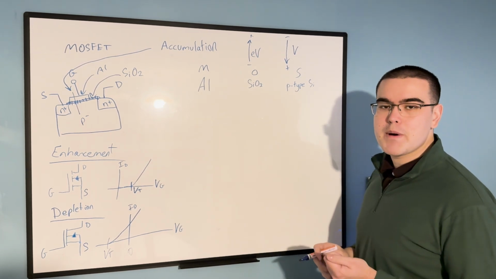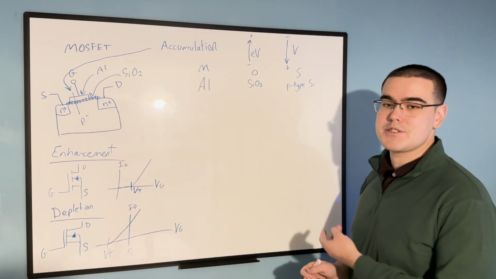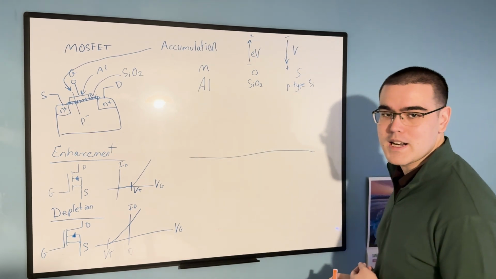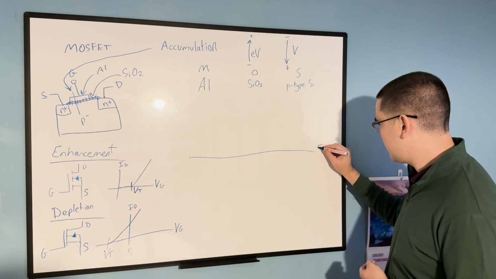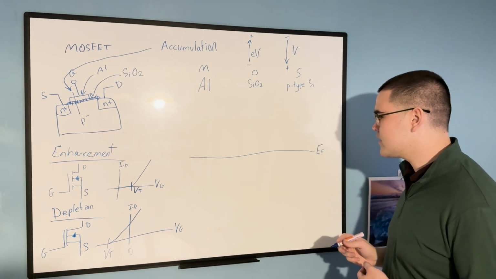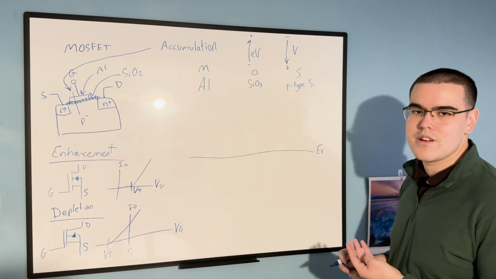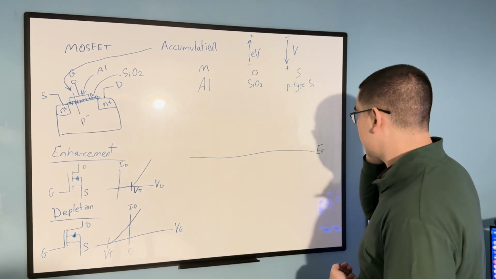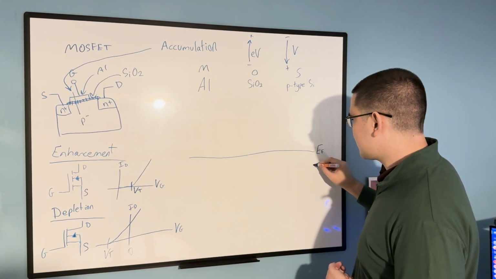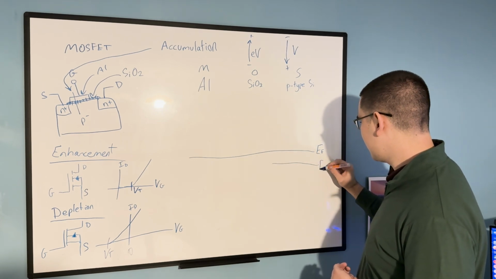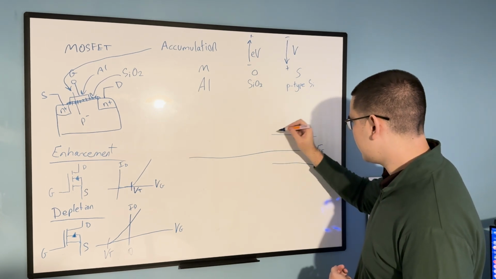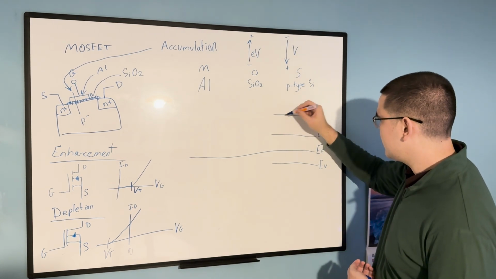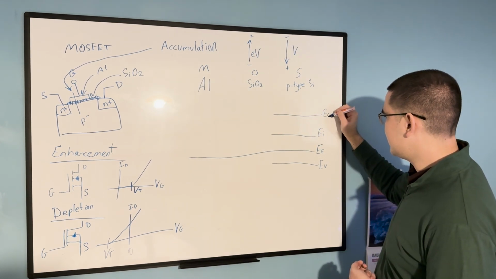So a safe bet when drawing your MOS diagram is to start with the Fermi level, because that stays constant throughout all of the layers. So now we can start by drawing the valence band, sorry, the intrinsic energy level, and the conduction band.